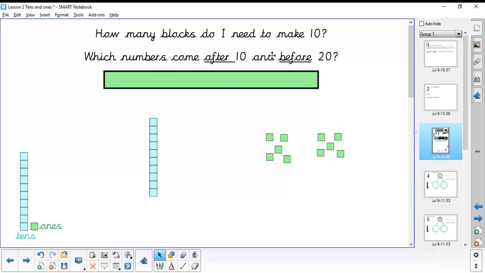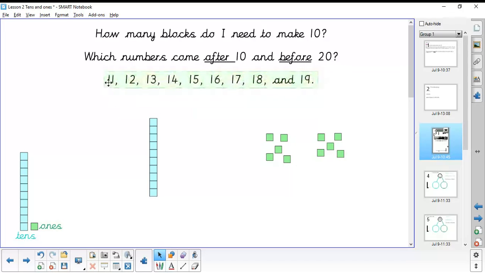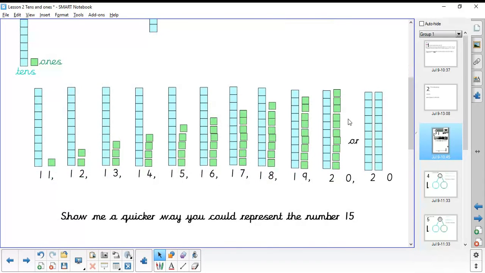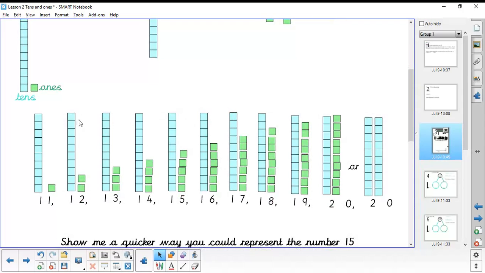Just really quickly, which numbers come after 10 and before 20? They are 11, 12, 13, 14, 15, 16, 17, 18, and 19. Okay, if I was going to represent those numbers, it might look similar to this.